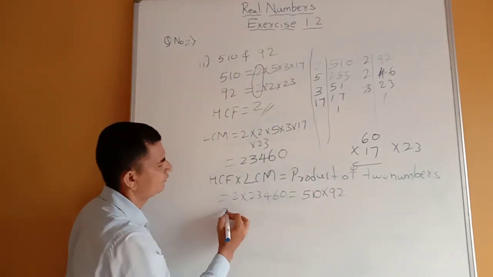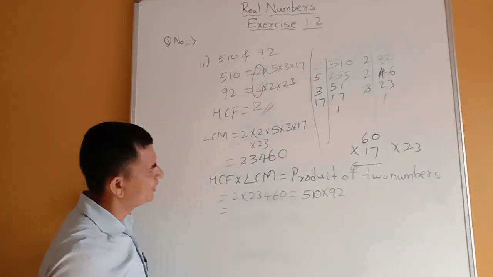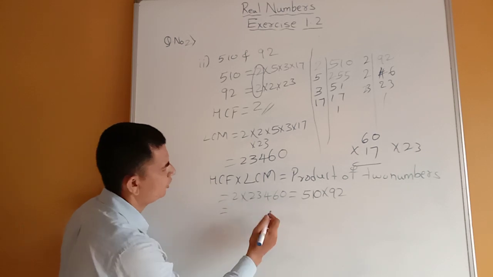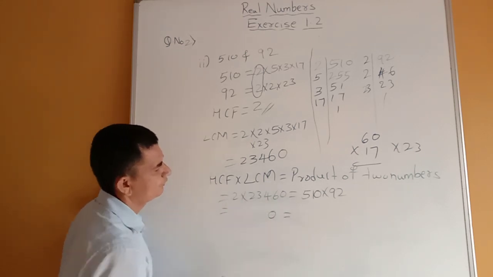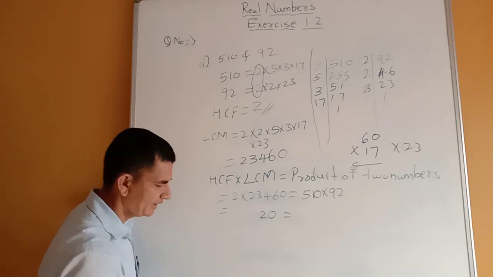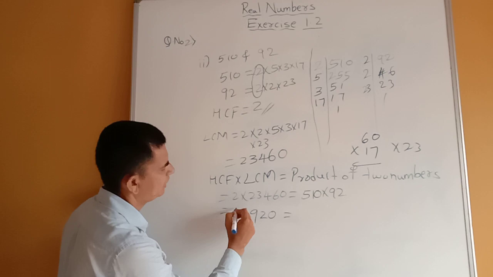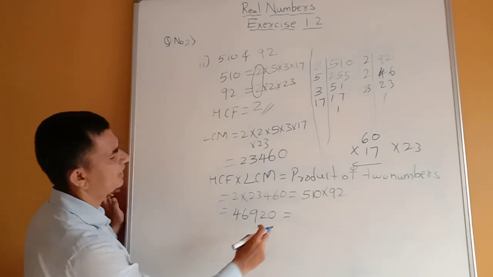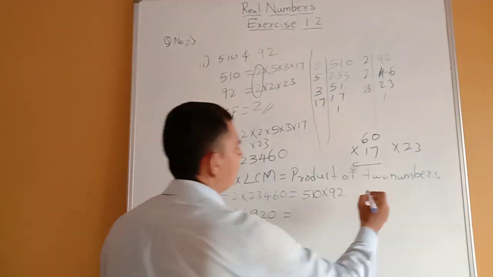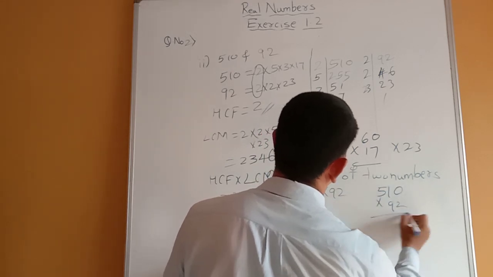After multiplying this one, 23,460, 2 0s are 0. 2 6s are 12, 2 4s are 8, 9, and 2 3s are 6, 2 2s are 4. 46,920 we got here. Here we have to multiply the same with 510 into 92.